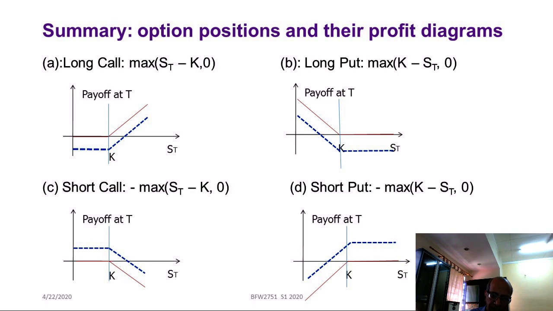The short put works as the opposite diagram of the long put. Similarly, as long as the ST is above K, the writer will make the premium. The minute the ST falls below K, he has to worry about paying you. This liability begins. Understand that?